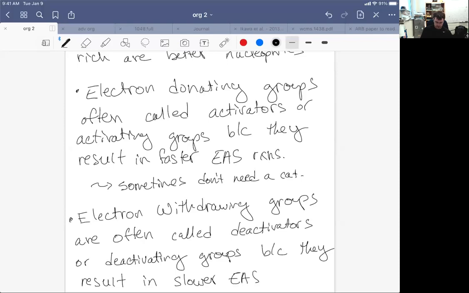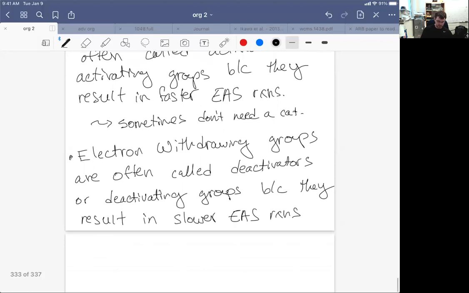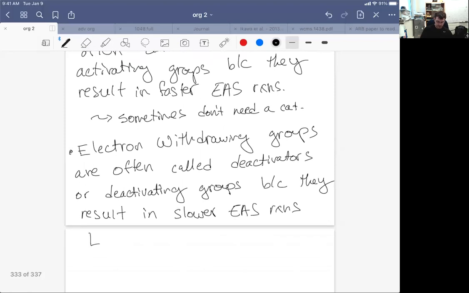Now, in the case of the electron donating groups, I said sometimes we don't need a catalyst. Here with electron withdrawing groups, sometimes a catalyst isn't enough, and no reaction can occur.